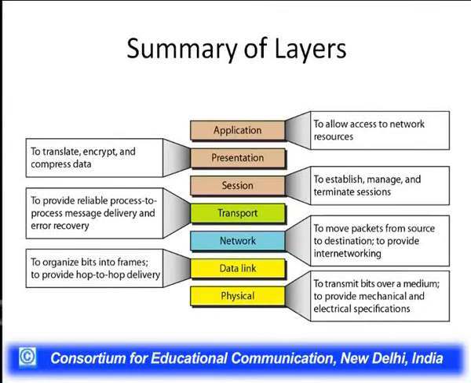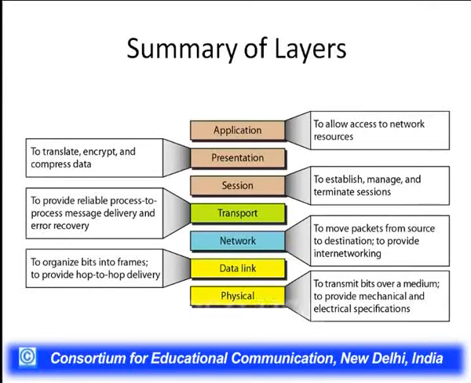The physical layer transmits the bits over the medium, electrical and mechanical in nature. Data link ensures hop-to-hop delivery. The network layer moves packets from source to destination and provides internetworking. The transport layer provides reliable process-to-process message delivery and error recovery.